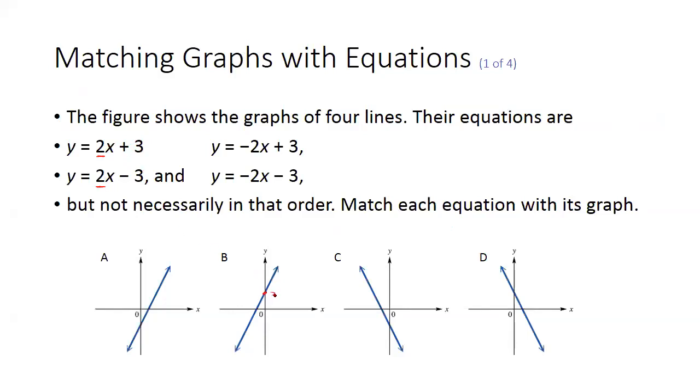So this would correspond to this graph. y is equal to 2x plus 3. Intercept at 3, and the slope is positive, going up. Like this one here, this one intercepts at -3, but the slope is positive. So this would correspond to y is equal to 2x minus 3. So this would be graph A, this would be graph B.